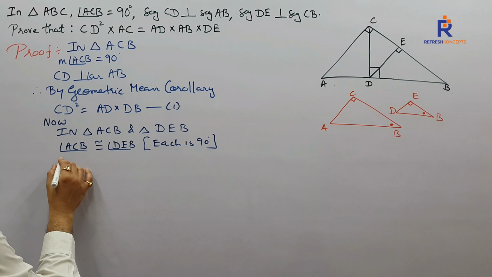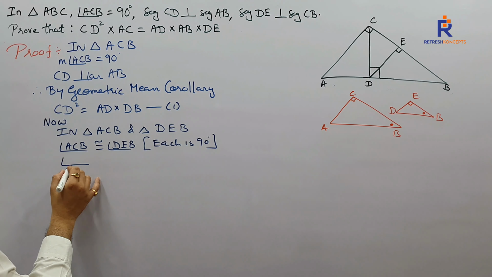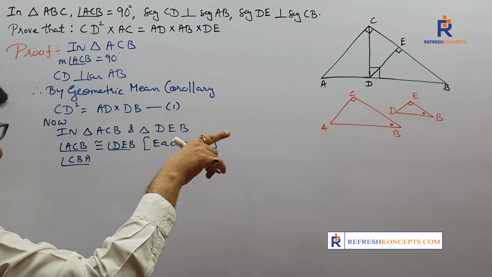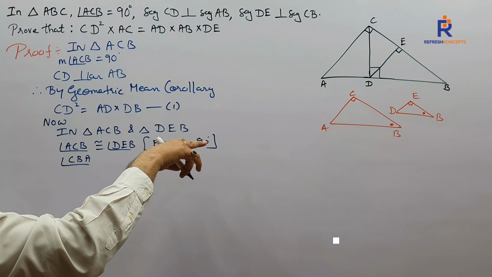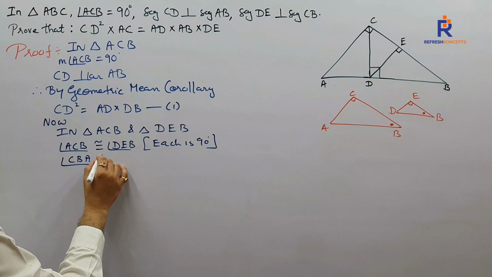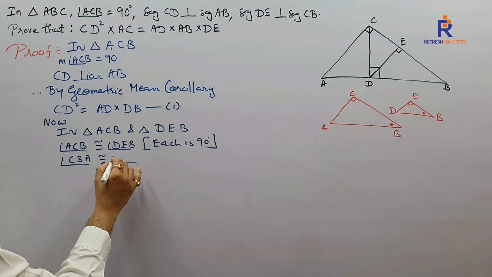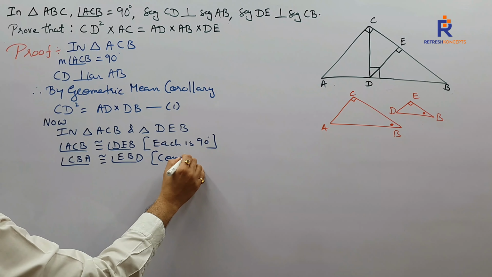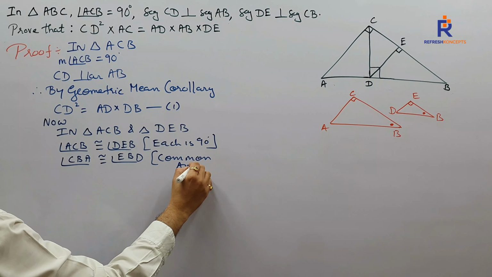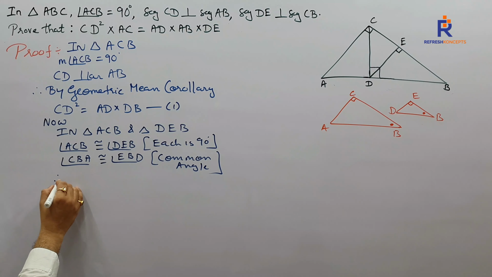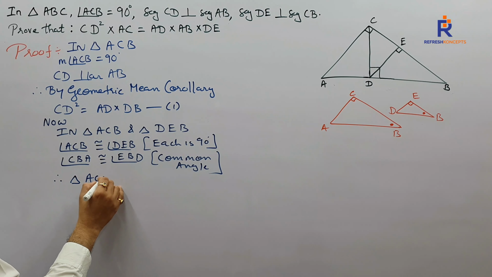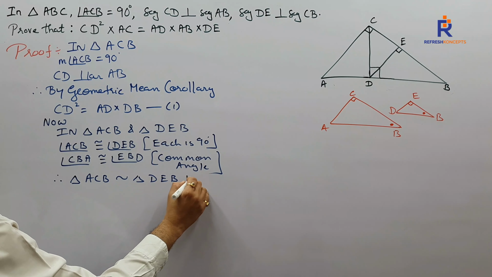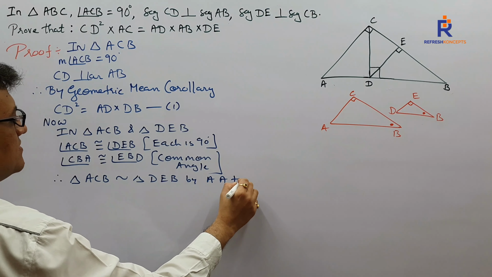What next? Angle CBA, I have gone from CBA, that is 90, to common angle. Over there I am supposed to write down one-to-one correspondence. So angle EBD, common angle. Therefore, can I say triangle ACB is similar to triangle DEB by AA test?